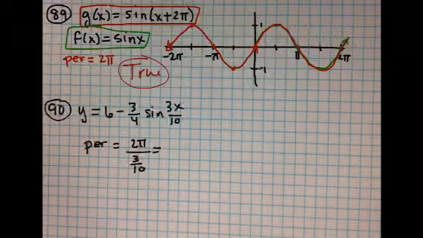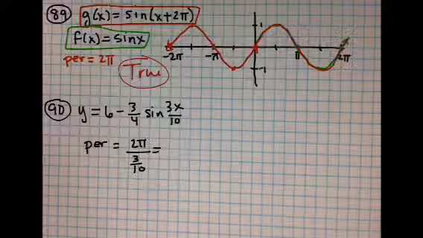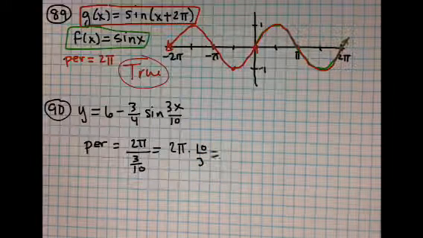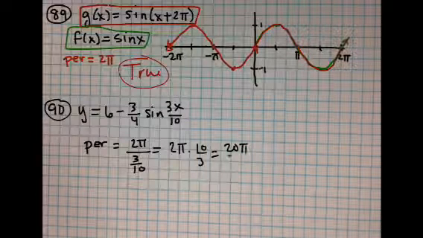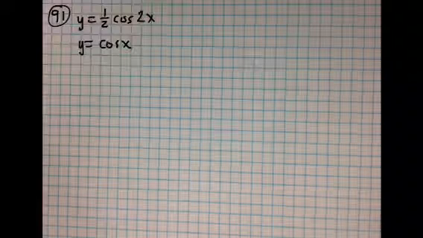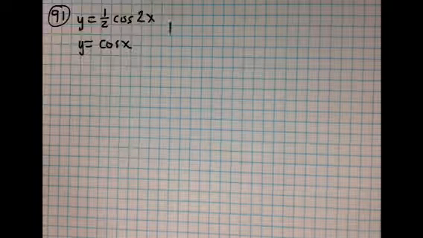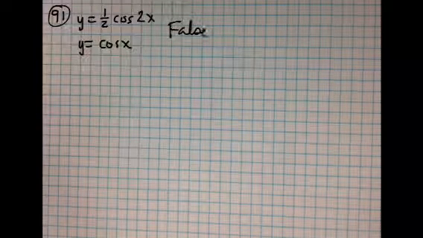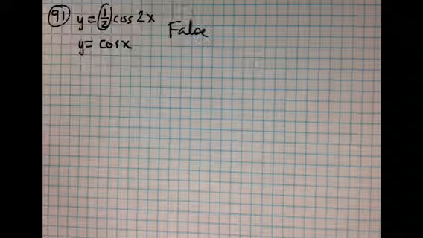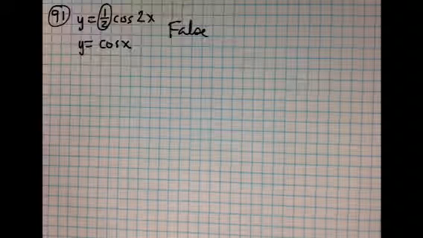Alright, so the period for number 90, you put 2 pi over b, which means 2 pi times 10 over 3, and simplify that, 20 pi over 3, so it is true. Number 91 is false because the amplitude for the first one is 1/2, the amplitude for the second one is 1, and it's not true that 1/2 is twice as big as 1, it's the other way around.